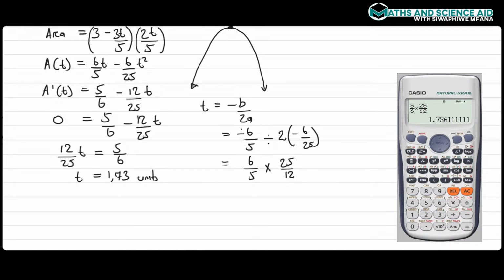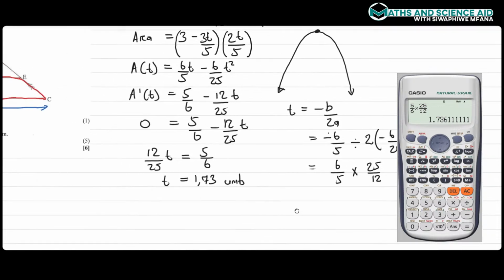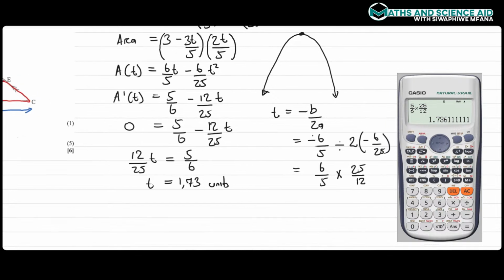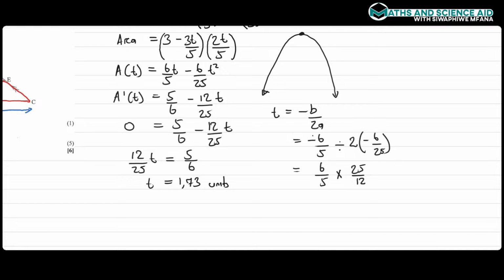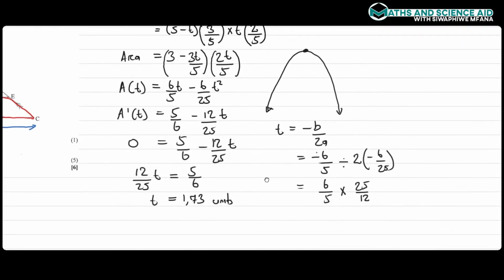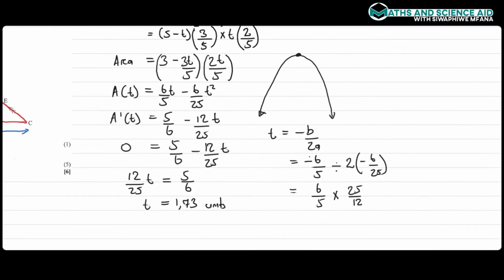Oh my goodness, I made a silly mistake here. I'm glad I actually thought of showing you this. I was not going to say it, but I'm sure many of you caught this mistake. This is supposed to be 6 over 5, not 5 over 6.